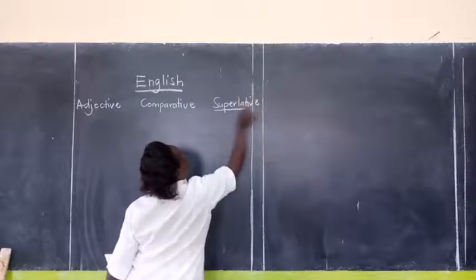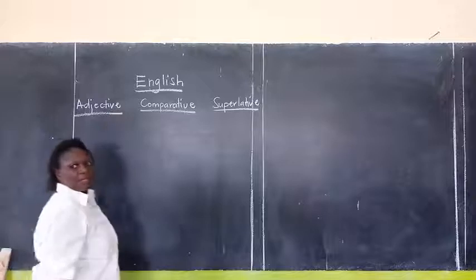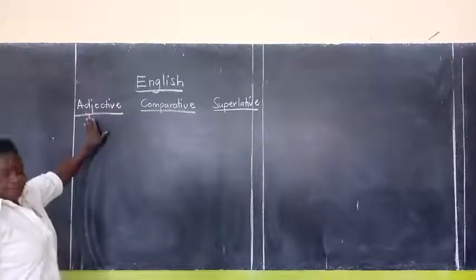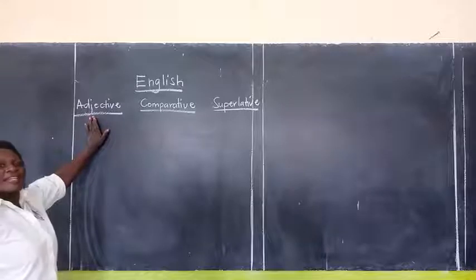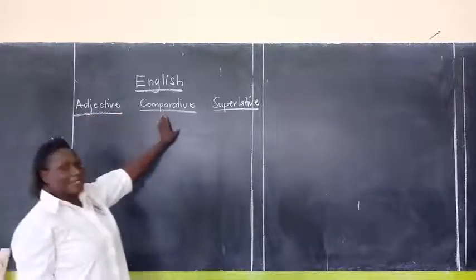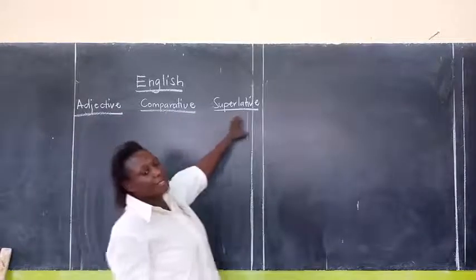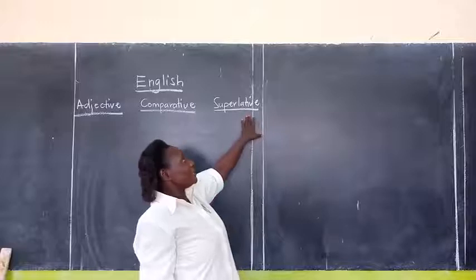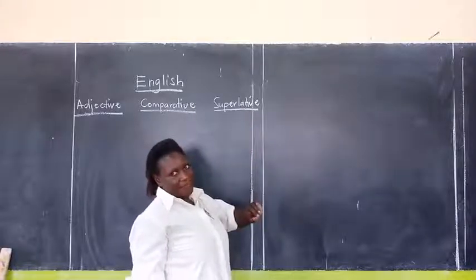We said that the adjective is regarded as the first class degree, the comparative is regarded as the second class degree, and the superlative is regarded as the third class degree.